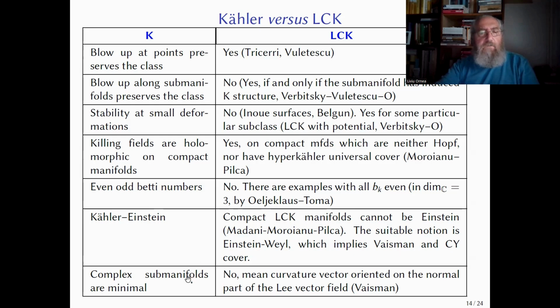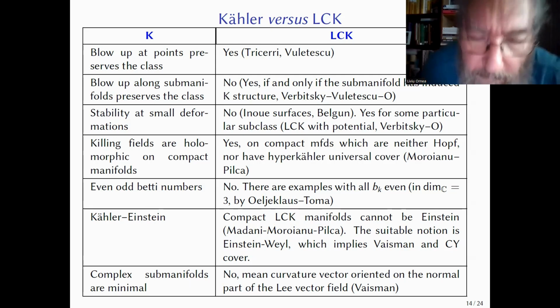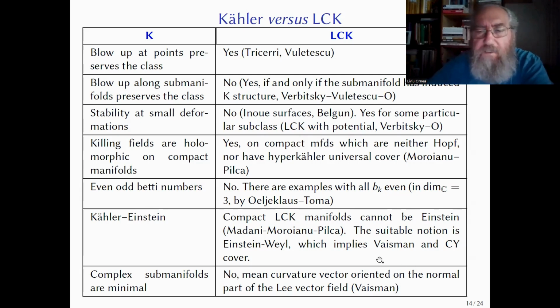And complex submanifolds are minimal in Kähler. Here it is not the case. You have to take into account the mean curvature vector. Instead, in Vaisman manifolds the situation is better.